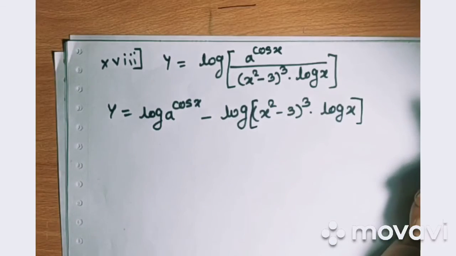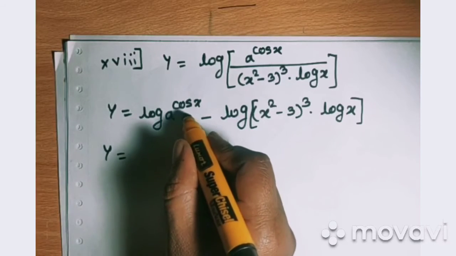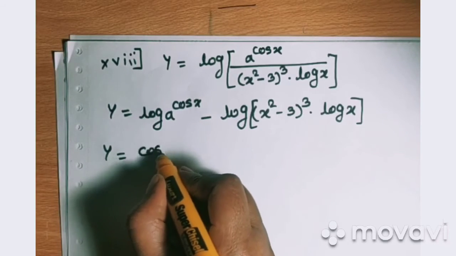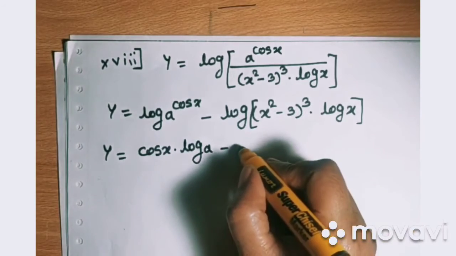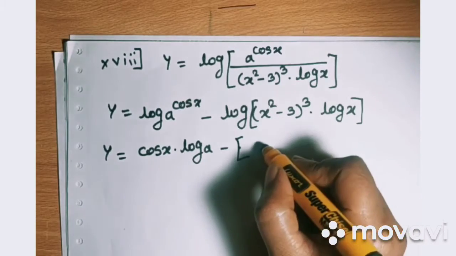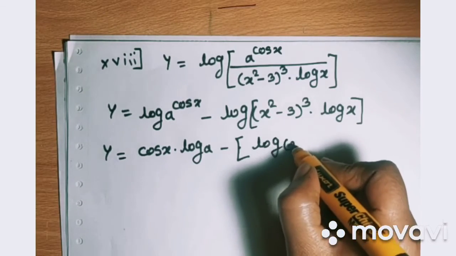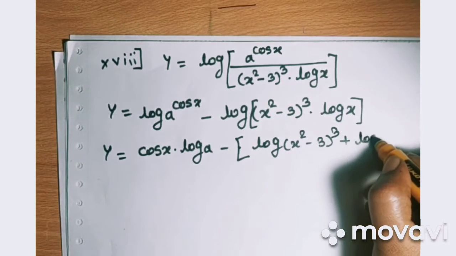Then again, simplify: log of m raised to n becomes n log m, so cos x into log of a minus log of m into n becomes log of (x square minus 3) whole cube plus log of x.